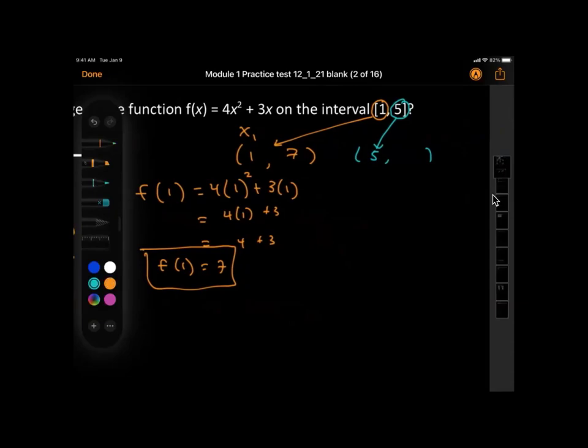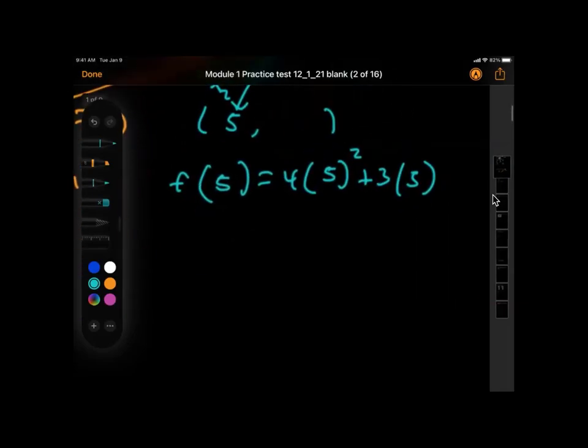We're going to do the same thing over here in the light blue side. I'm just going to call this one x2. And we're going to put it in for every x value. You see that? 4 times 5 squared plus 3 times 5. Okay, should I multiply or do the exponents?